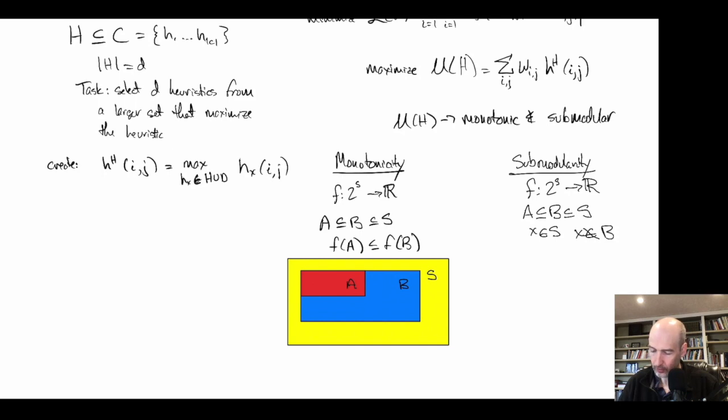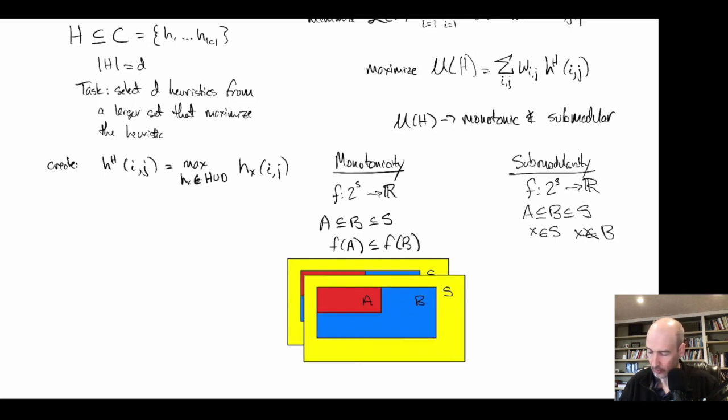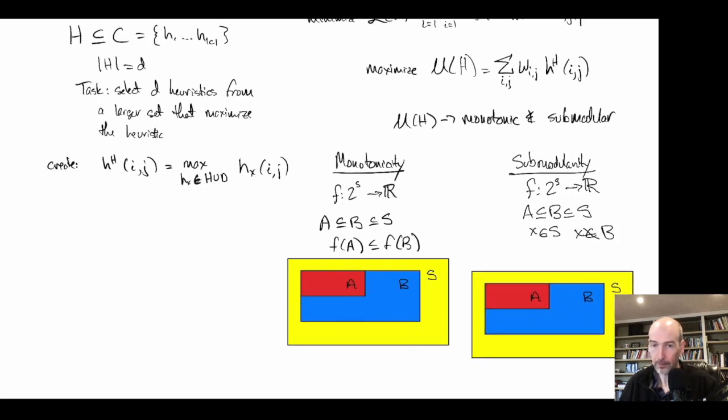Let me take the figure that we've done before and make a duplicate of it, which we'll put here. The idea here is I've taken some X, and I'm going to add X right here. X gets added to both A and B. And what we want to ask is what happens here.